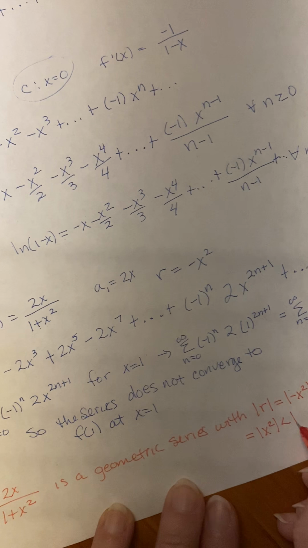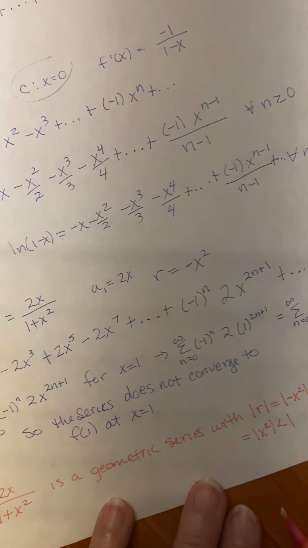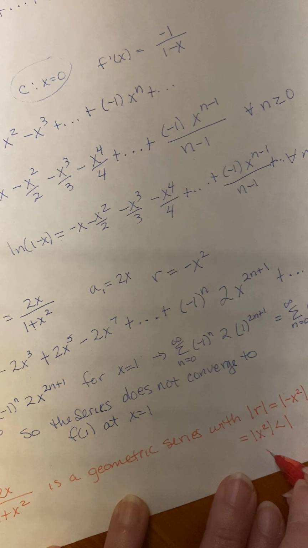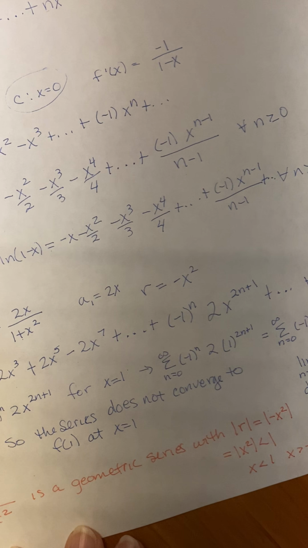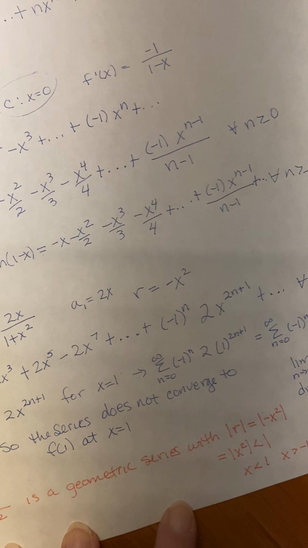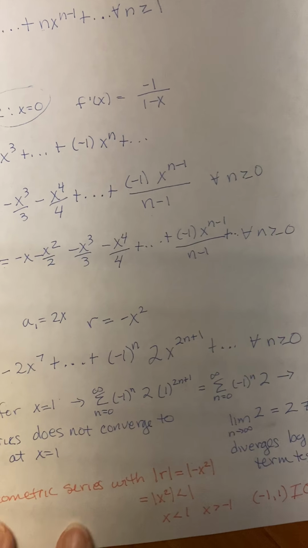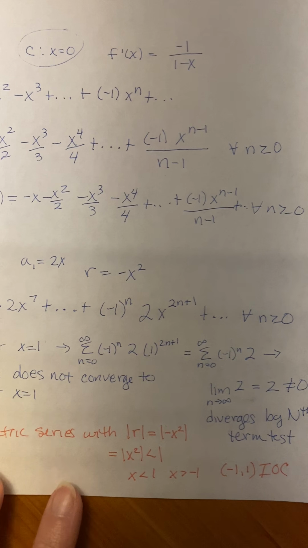We put that less than 1, and we'd get x is less than 1 and x is greater than negative 1. So our interval of convergence, remember, would be negative 1 to 1. Well, those are open parentheses, our interval of convergence. Remember that? Sorry. Those are open parentheses. Is 1 included?